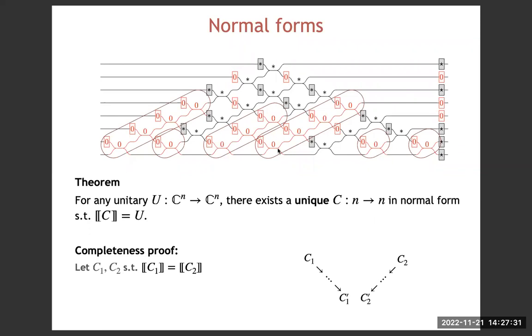The rewriting rules are preserving the semantics. And since we start with the same semantics, it means that these two circuits in normal form have the same semantics. So thanks to this theorem, these two circuits are actually the same. C1 prime and C2 prime are equal. So we have a single circuit here, and now we have the path from C1 to C2. We have this path proving the completeness of the equational theory.